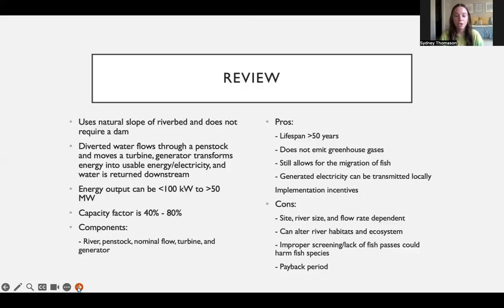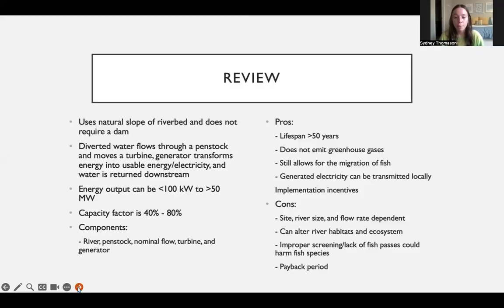The cons: you are really dependent on the site, the river size, and the flow for how well these plants will work, especially in their given area. They can alter river habitats and ecosystems, which can play bigger roles down the line as the world continues to change and evolve.